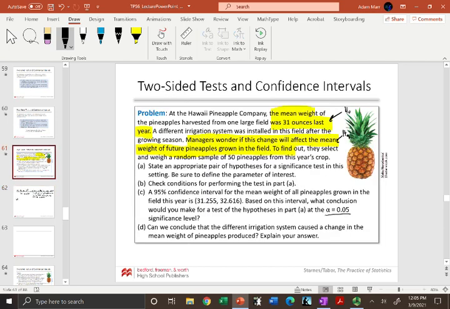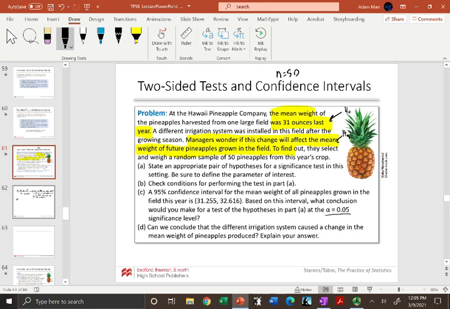Part B says check the conditions for performing the test in part A. Just to mention some things that we need for the conditions, we know that there's an n value of 50. We already have the null on top, so we're okay with that.